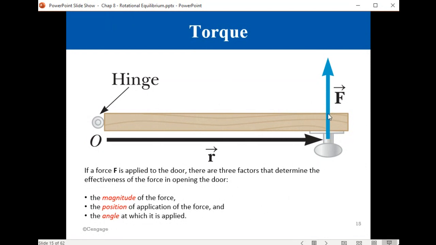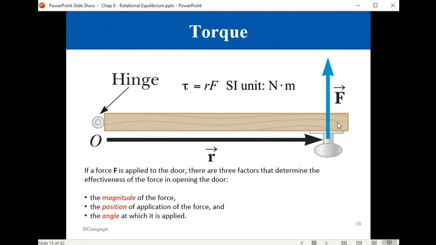Maximum effect when the angle is 90 degrees here. We define the torque as the product of the force by the lever arm. This distance between the line of action of the force and the axis of rotation is called the lever arm. So the product of the force by the lever arm is equal to the torque.